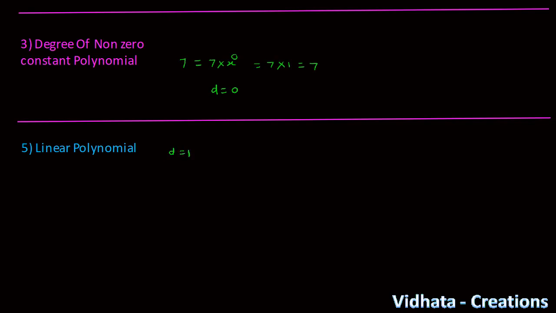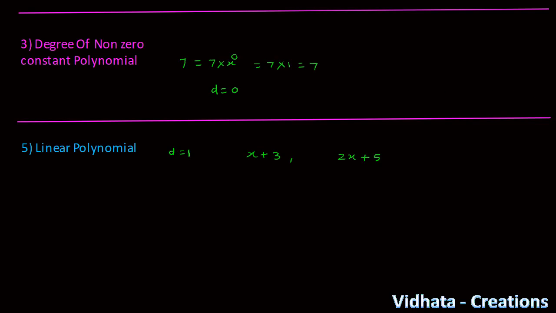Can you say what would be an example of a linear polynomial? For example, let us take x plus 3. Okay, this is a linear polynomial. Another example, say 2x plus 5. This is also a linear polynomial. Both are linear polynomials.